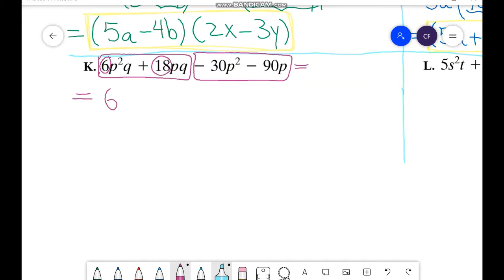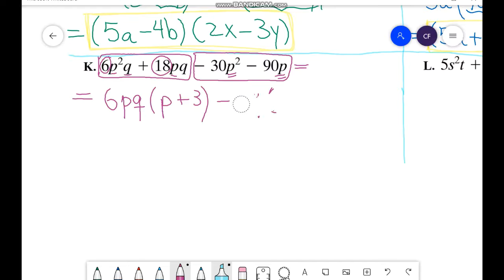We can also factor out p, because we have p and p squared and p, and we can also factor out q. Yes. P plus 3. On the second pair, we have negative 30, we can factor out, and also p, because we have p squared and p, the lowest exponent is p.